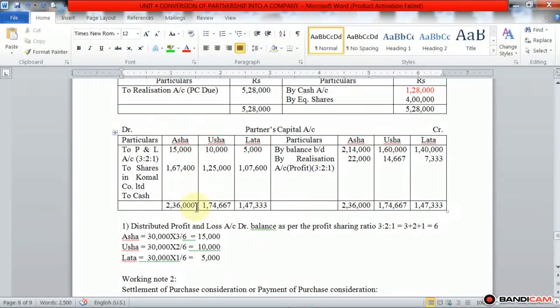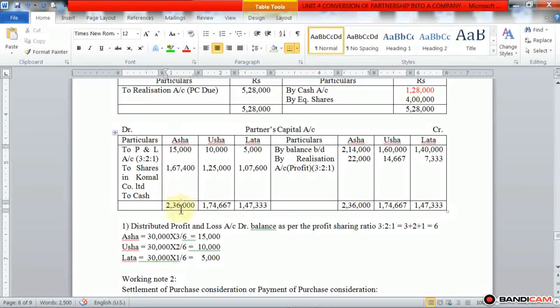Because we did not distribute the cash, the cash is distributed according to the difference created in the partners' capital account. So the difference is 53,600. In the capital account of Usha the difference created is 39,667, and in the capital account of Lata the difference created is 34,733.